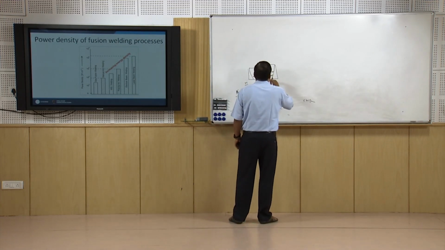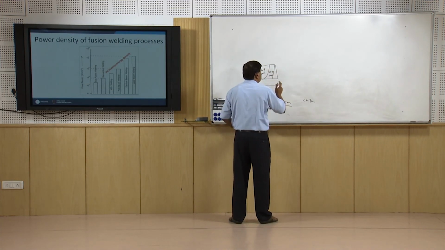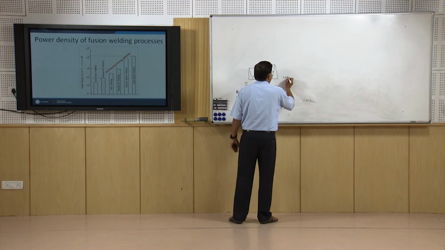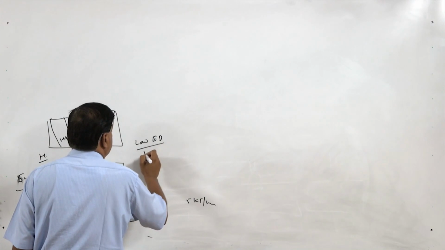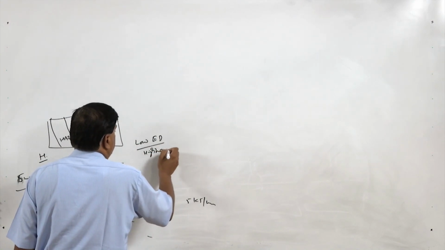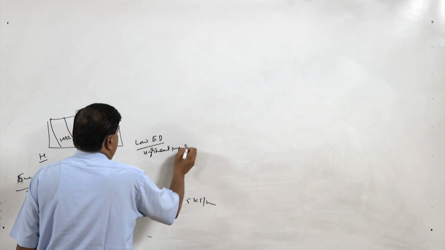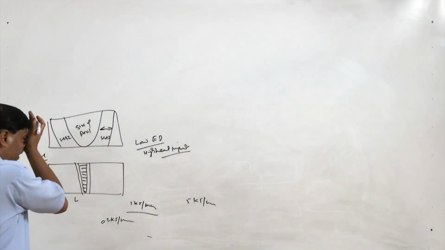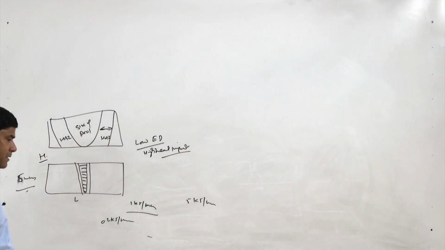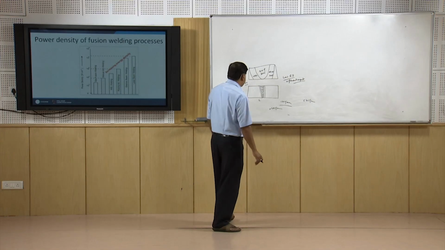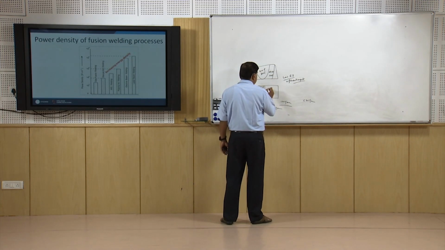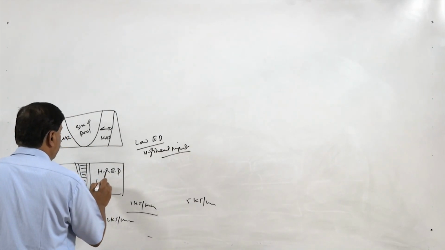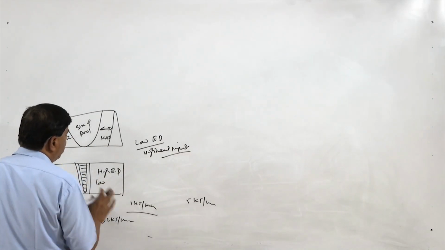This kind of joint and pool is obtained when the heat input is high and the energy density is low. This is what happens in the case of low energy density processes like gas welding or simple shielded metal arc welding processes. High energy density processes offer very small size, because they require very limited heat for the fusion purpose.